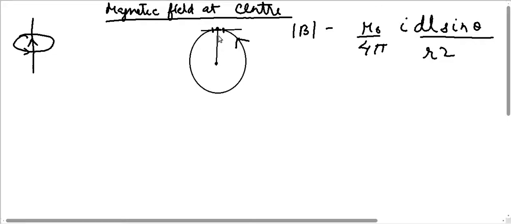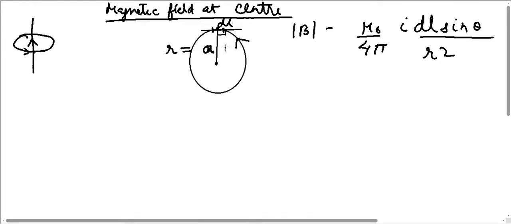So that means the r vector makes an angle of 90 degrees with the element vector, in case of a small element which can be thought of as part of a circle as well as the tangent, because it is very small. So since this makes an angle of 90 degrees to this r vector, this is r, this is dl. Let me say a is the radius, so r I am denoting as a.